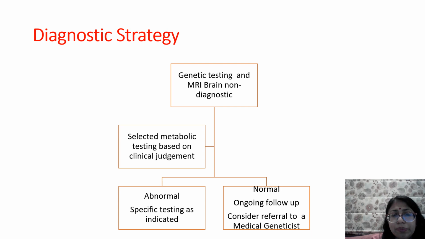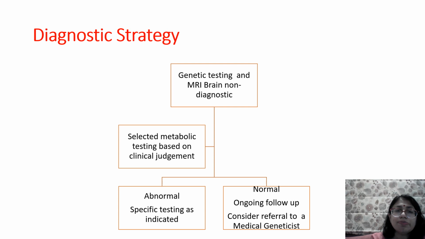To give an example, suppose we have neonatal onset seizures without any particular etiology: there is no hypoglycemia, no hypocalcemia, the CSF is non-meningitic, and we do not have any structural problem. Then we suspect that a glucose transporter defect could be one of the possibilities.